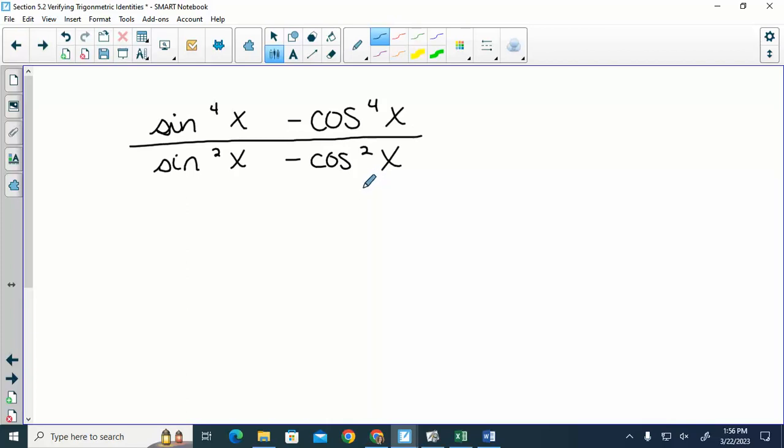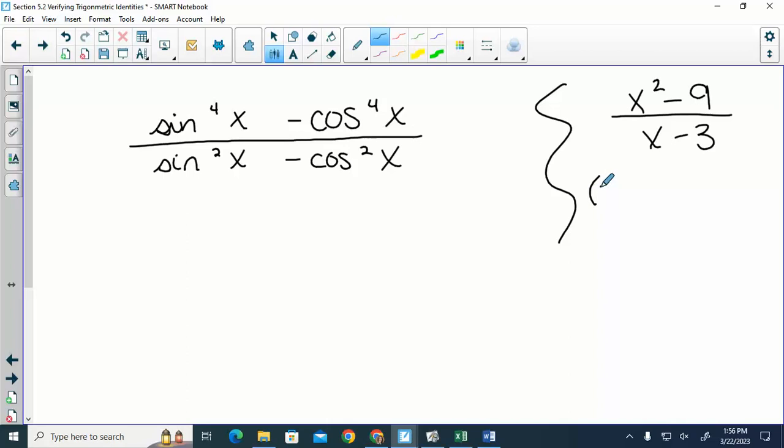No. When things are multiplied and it's all one term, we can reduce, but this is more than one term. Think about if I had given you like x squared minus 9 over x minus 3. What would you do to reduce this? What would you do with x squared minus 9? You'd factor it, right? We can still factor with these trig functions.